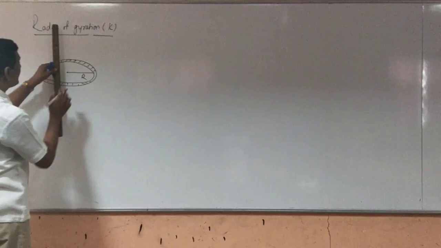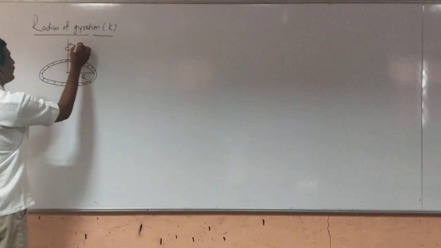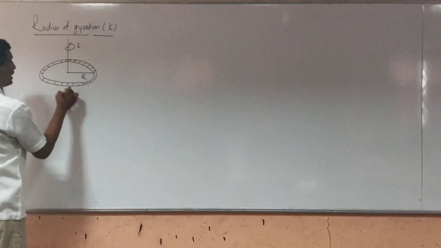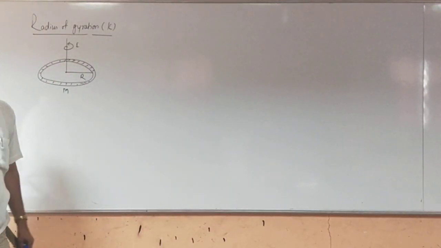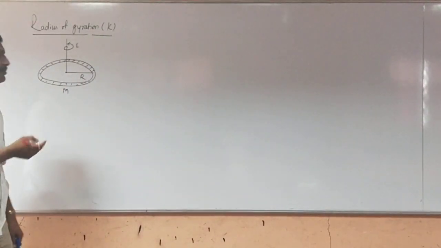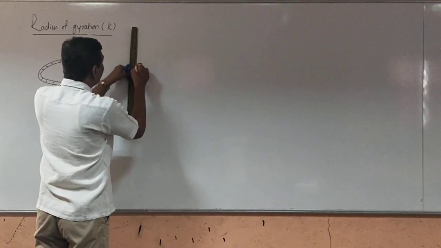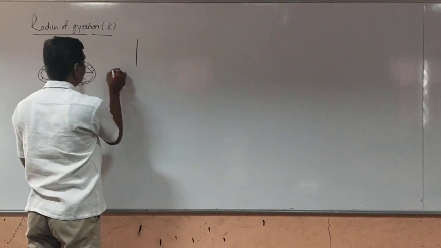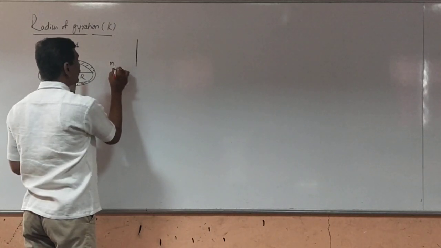This ring is rotated about this axis of rotation. So I is its moment of inertia, m is mass and r is the radius. Now that whole ring we replace by a single particle whose mass is same as that of the ring. So this is a single particle whose mass is m.